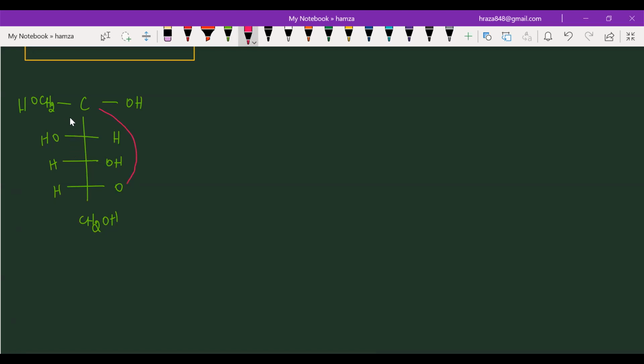Now I'm going to name it, numbering it first. The numbering is very easy: 1, 2, 3, 4, 5. So there are 5 carbons in the closed ring and 1 oxygen, total atoms 6. So this is oxygen. With oxygen, this is first carbon, this is second carbon, this is third carbon, this is fourth carbon, and this is 4 carbons in the ring.